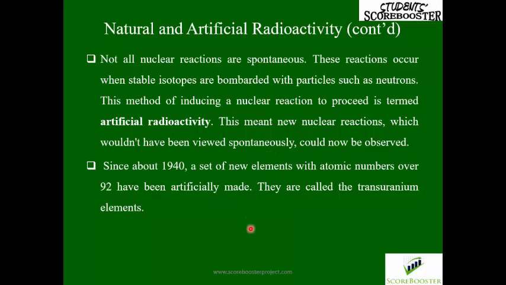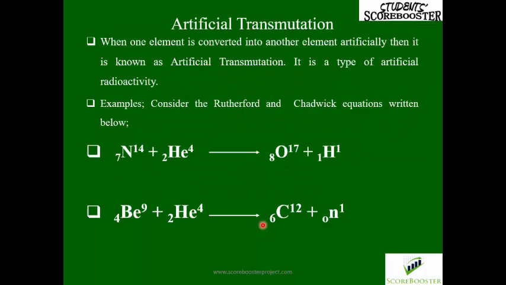Since 1940, a set of new elements with atomic numbers over 92 have been artificially made. Those elements are called transuranium because uranium is 92. So any elements that are obtained as a result of artificial bombardment of uranium or other series are called transuranium elements.